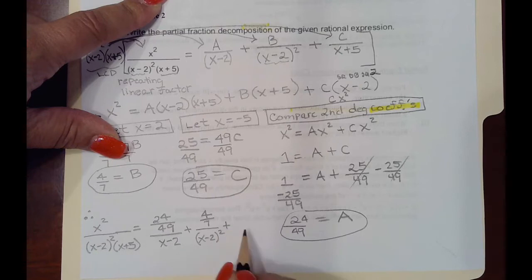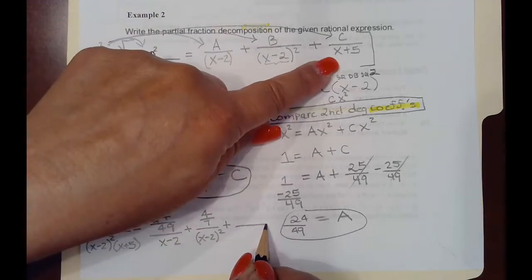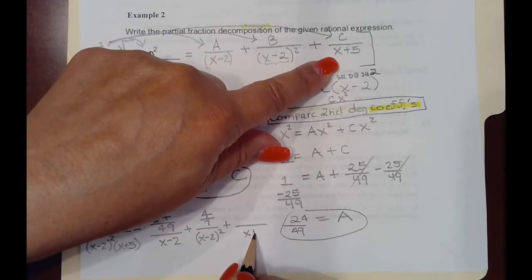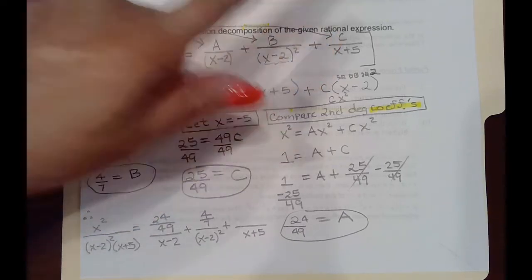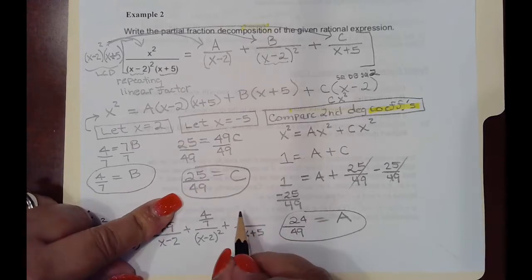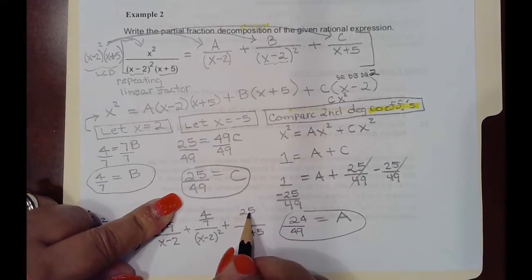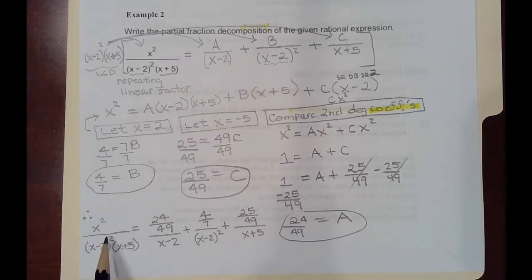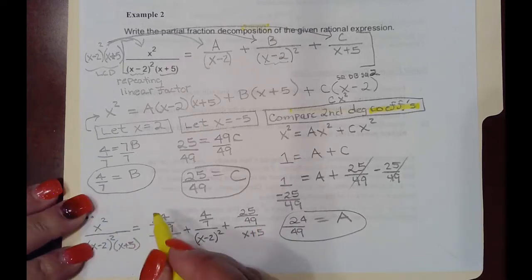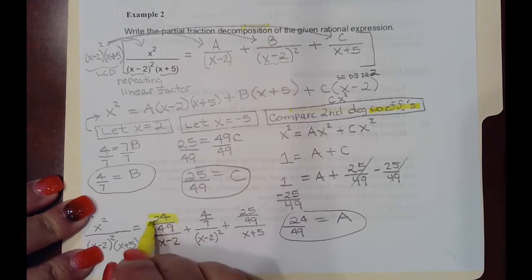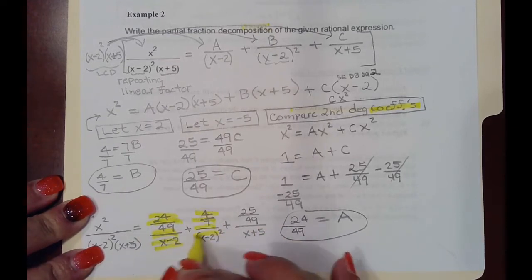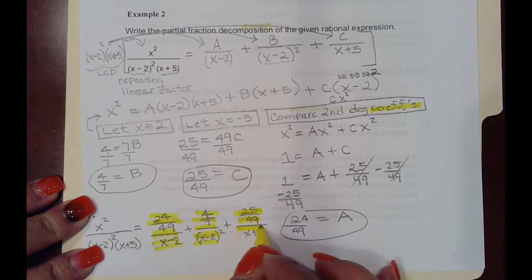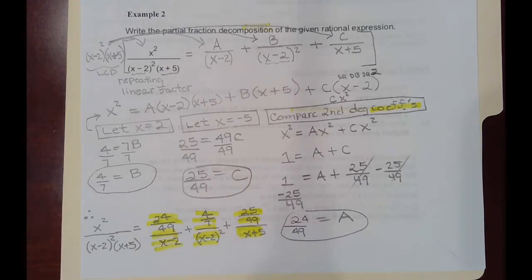And then in this last fraction, where the denominator was x plus 5, the numerator assigned to that was c, and we found out that c was 25/49. So you have taken this single fraction and decomposed it into these 3 partial fractions, doing all our work trying to find those numerators.